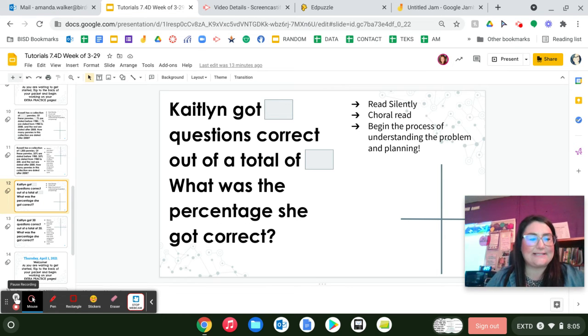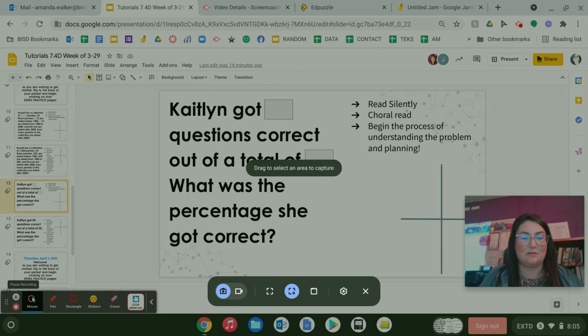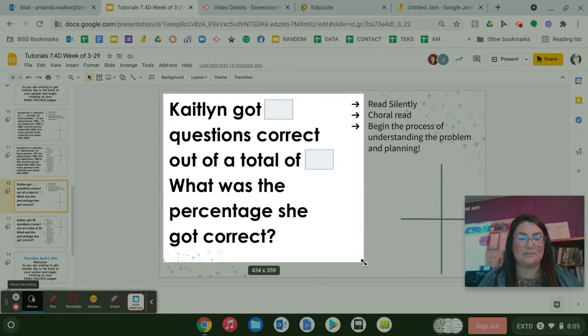All right, so for the second problem today, it says Caitlin got blank questions correct out of a total of blank. What was the percentage that she got correct? So when I am looking at this problem, I do understand that we are going to be setting up a proportion, and it is going to involve percentages.